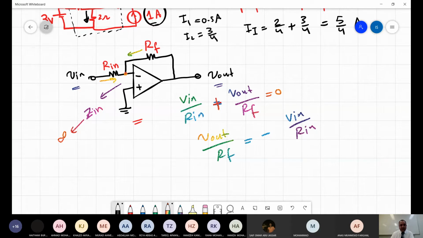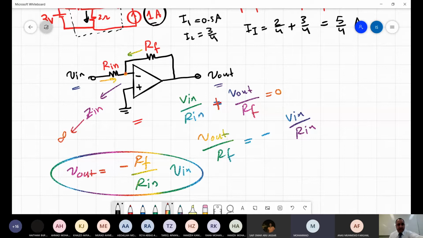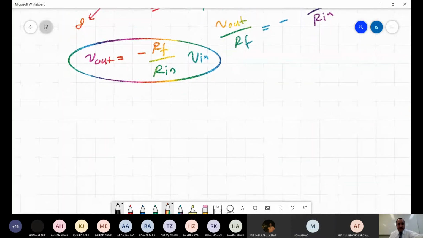So simply this means that V out over RF is equal to minus Vn over Rn. So now I will have the famous relation, which is V out equals minus RF over Rn multiplied by Vn. I think all of you know this relation, correct?